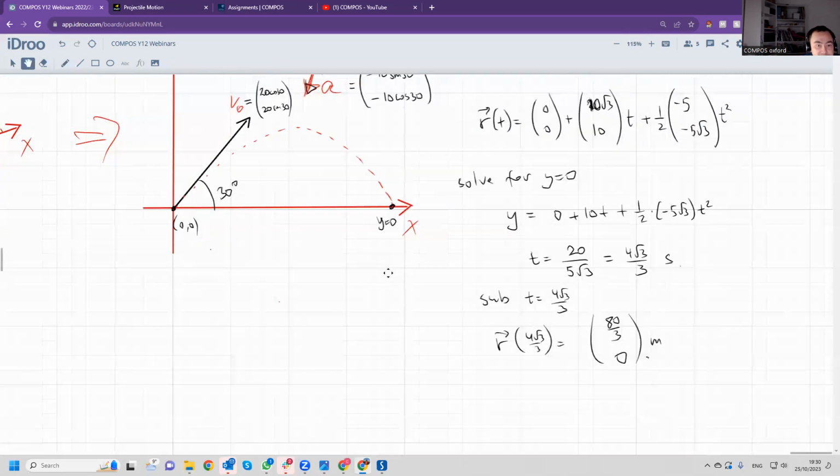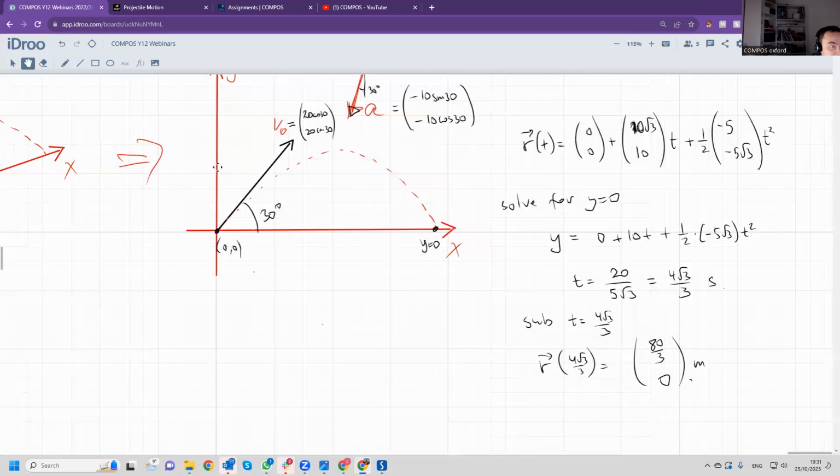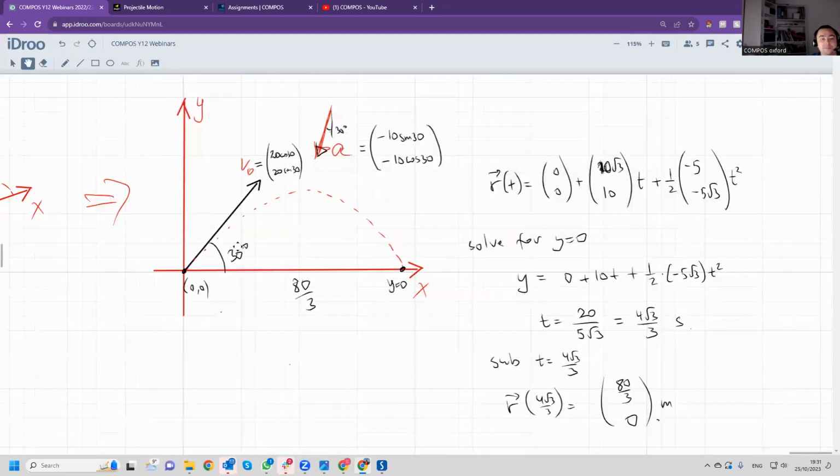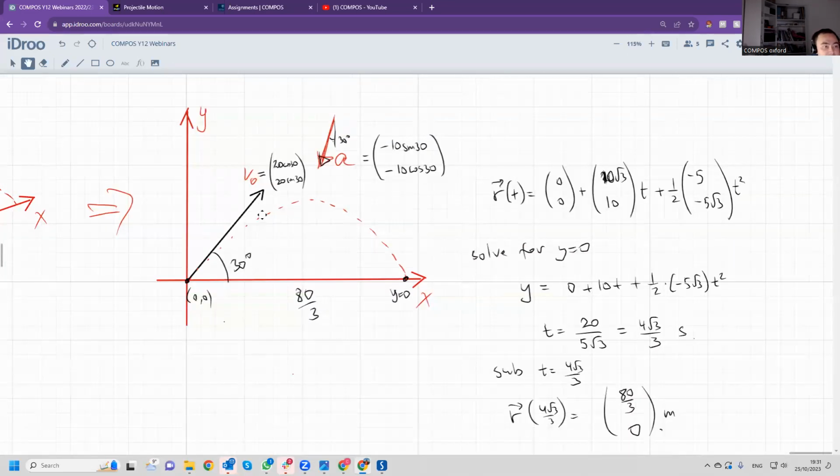So the distance is 80/3. So the second method is honestly easier in terms of calculations, and we use it a lot.